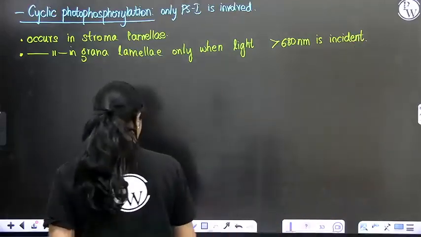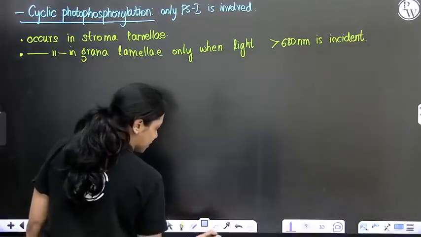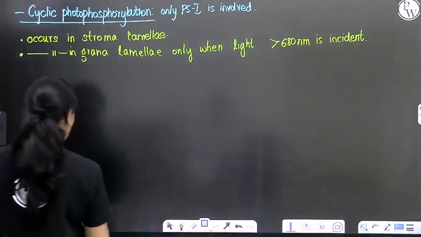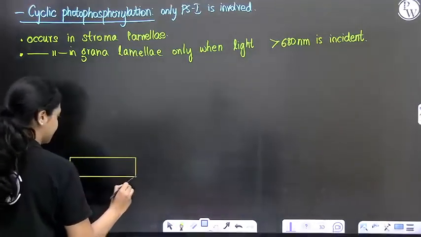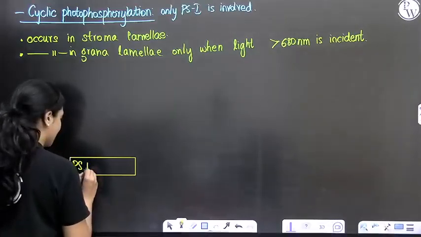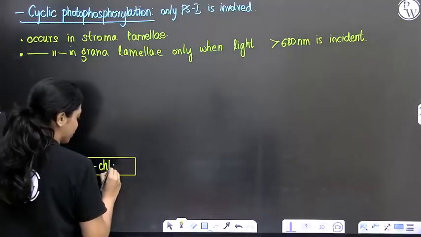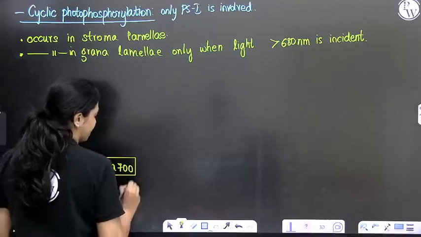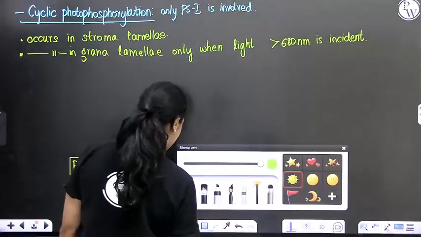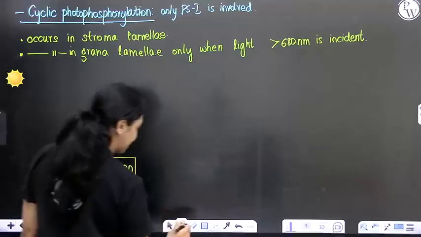Over here, only PS1 is present. Only PS1 is involved. So we have just PS1. This PS1 will have chlorophyll A700. Sunlight will get incident on this.